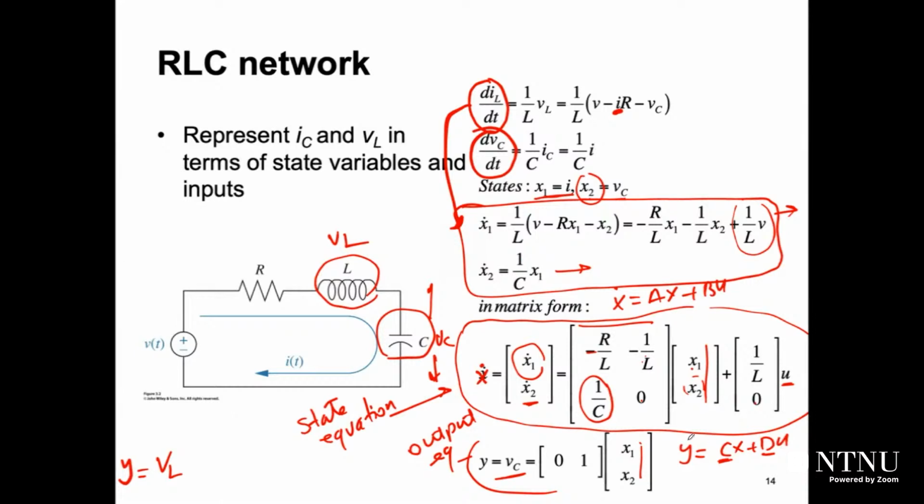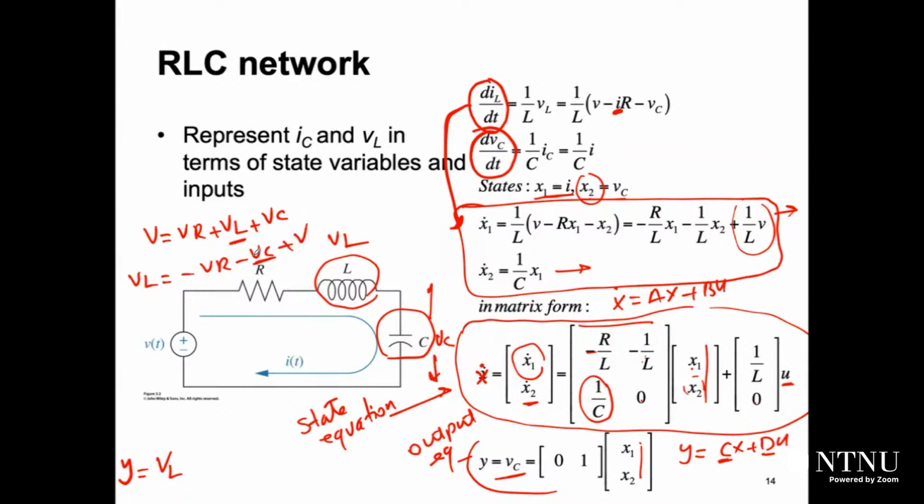It should be a function of my states, and my states are I and Vc. So we look at VL, and from Kirchhoff's voltage law, V equals VR plus VL plus VC. Taking VL to one side, VL will be minus VR minus VC plus V.